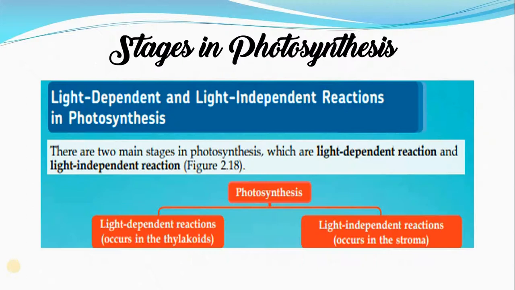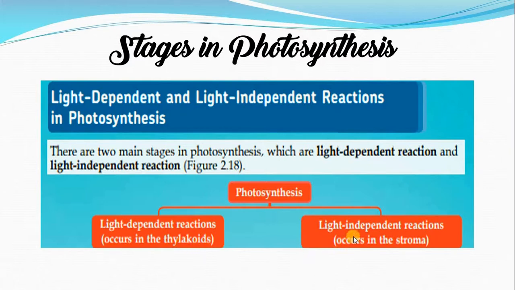As for the stages in photosynthesis, there are two main stages, which are the light-dependent reaction and the light-independent reaction. The light-dependent reaction occurs in the thylakoids.